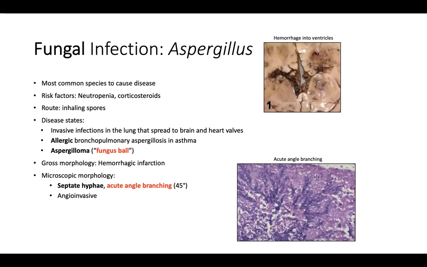Aspergillus will come in and like take over and create a fungus ball in that location. So it's gross. Invasive infections, it's going to be spreading to the brain, heart, lung. Allergies, allergic aspergillus and asthma. So just know if you see fungus ball, think acute angle. So acute angle.